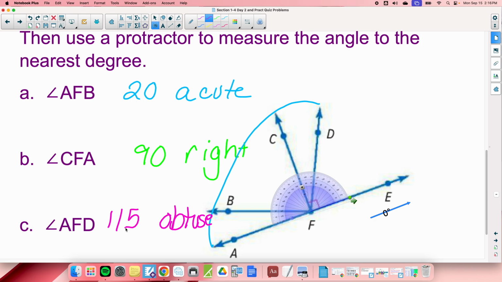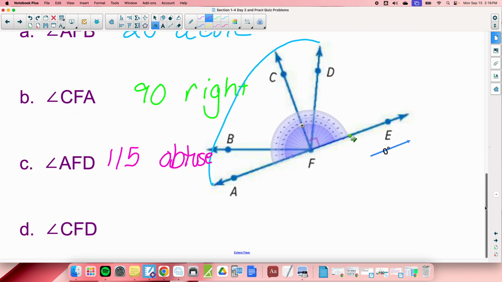Now, this one is a little bit harder, because when we look at this one, we're doing CFD. CFD is this angle. And for me to measure that angle, I have to turn my protractor.